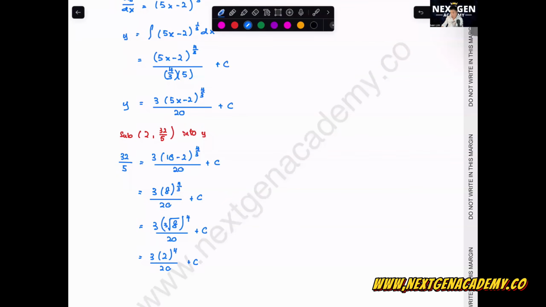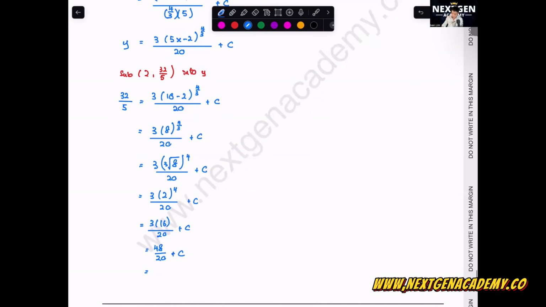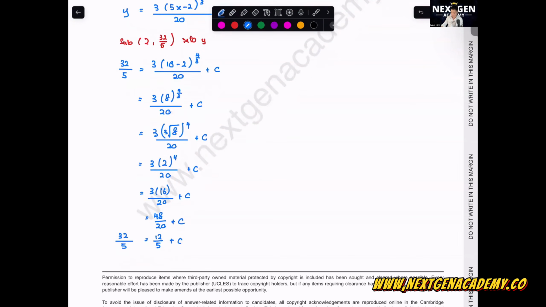What's 2 to the power of 4? 2 times 2 times 2 times 2, we get 16. So 3 times 16 over 20 plus c. Again, don't write so many already. What's 3 times 16? 48 over 20 plus c, which is equal to 12 over 5 plus c. Actually, you don't have to write this so long. I just show you how my calculation is.